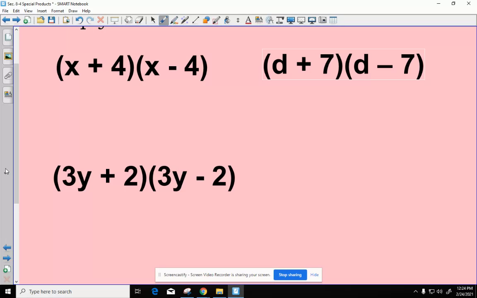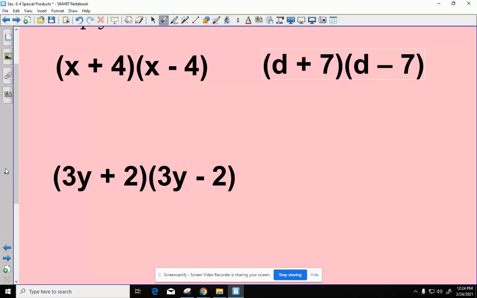In the middle, one of them would be a positive 4x. The other one would be a negative 4x, and they would knock each other out in the middle. That would be your final answer. But really, at this level right here, you need one more 4x in there. It just has to be a negative. Right, because that's what happens in the middle. So we don't need it. And then on the end, it'd be 4 times negative 4.